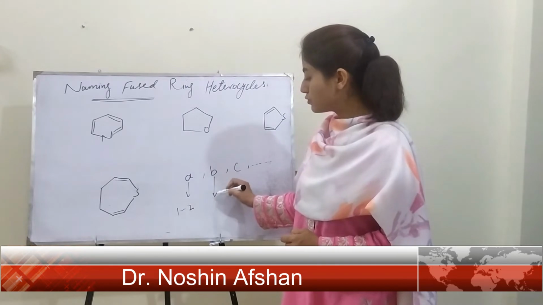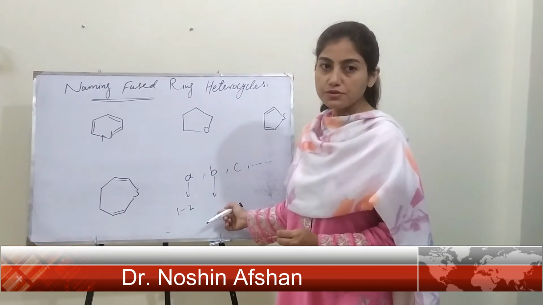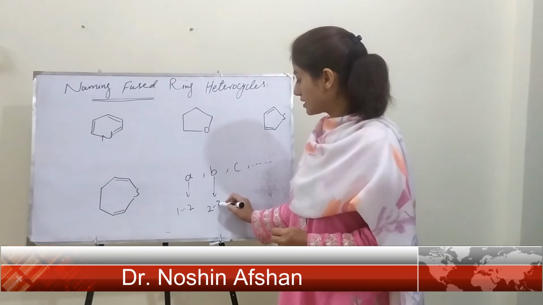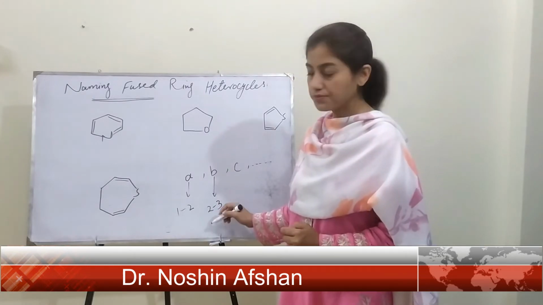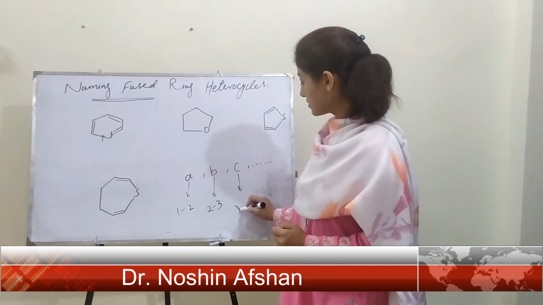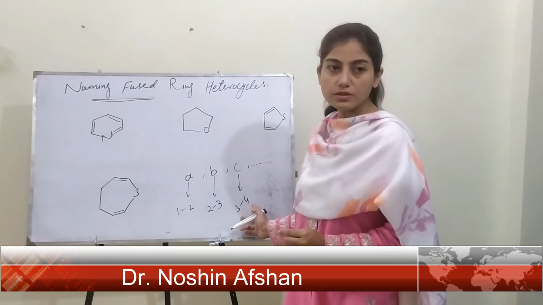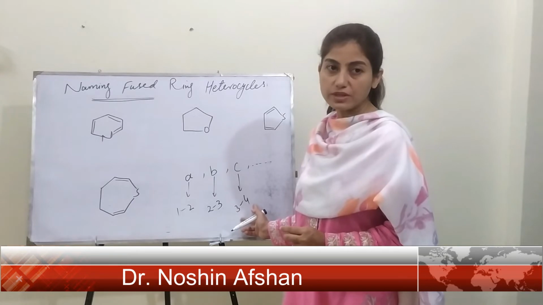Then the letter B would be given to the side that is in between 2 and 3 position, and C would be given to the side that is between 3 and 4 atom, third or fourth atom.